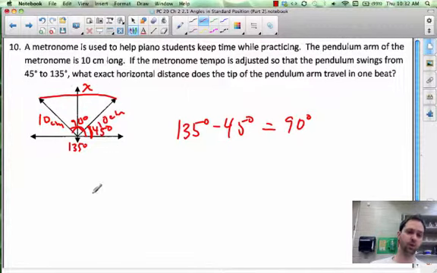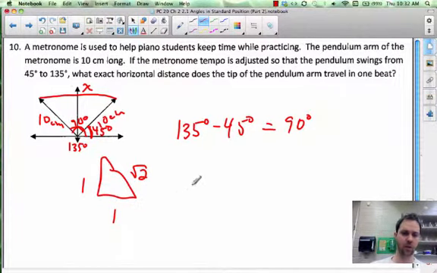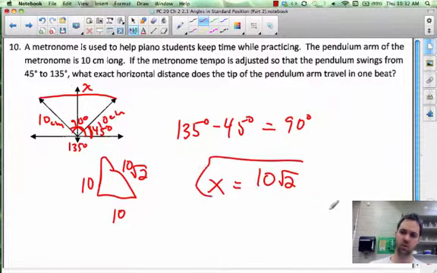So x will be really quick to figure out. A normal 45, 45, 90 triangle is 1, 1, root 2. Sorry for my awful triangle. And this time we multiply each of these by 10. Okay, so there you go. Then this value x equals 10 root 2.